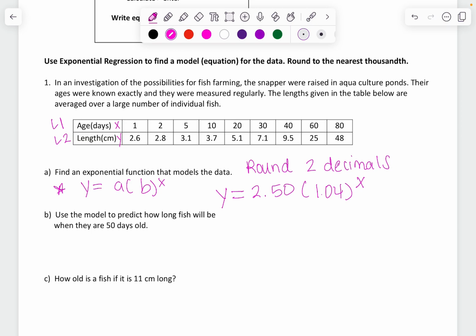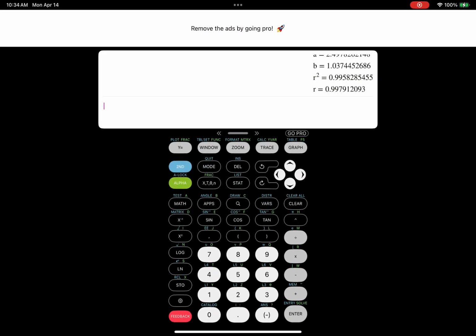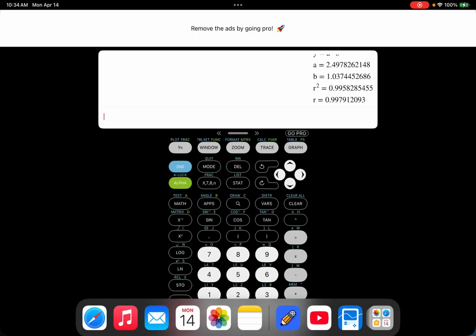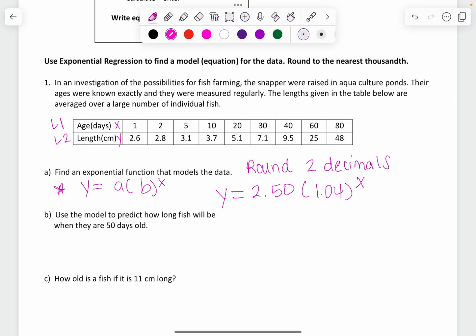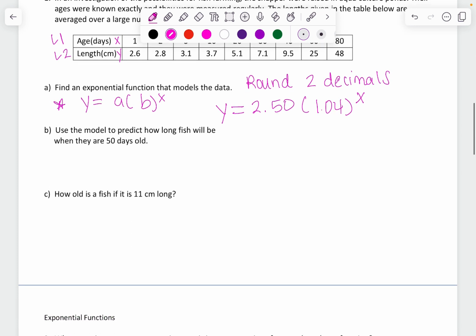Okay, so I rounded my a, 2.497, that 7 made that 9 go to the next number, which made 4 go to 5. So it's 2.5 in this case. 1.037, that 7 made that 3 go to the next number, which is 4. That's why it's 1.04. Okay, so just make sure your rounding is correct because we'll be rounding to 2 decimals today.